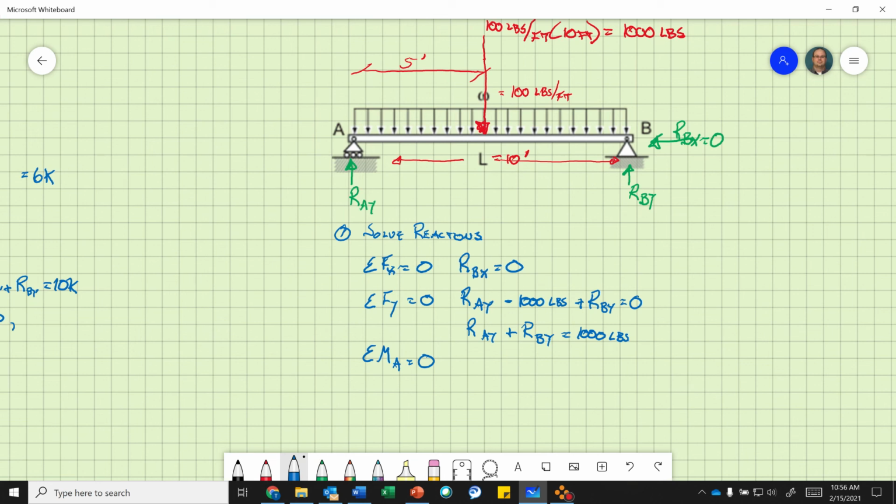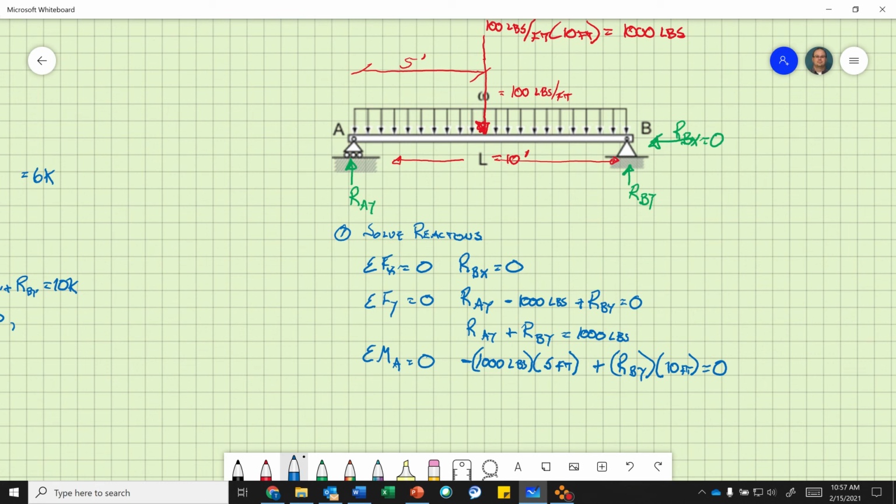That is going clockwise, so that's a negative rotation, times my moment arm distance to point A, which is 5 feet. And then the reaction at point B in the Y direction is going counterclockwise, so that's a positive rotation, and that's the magnitude of your sense times 10 feet. And this all has to equal 0.